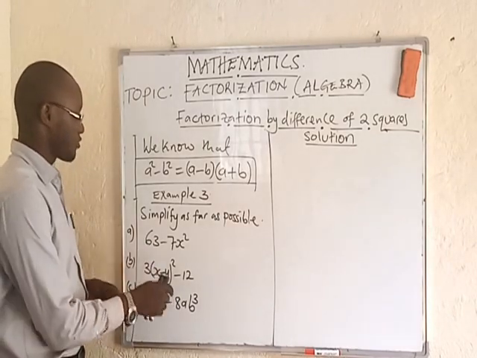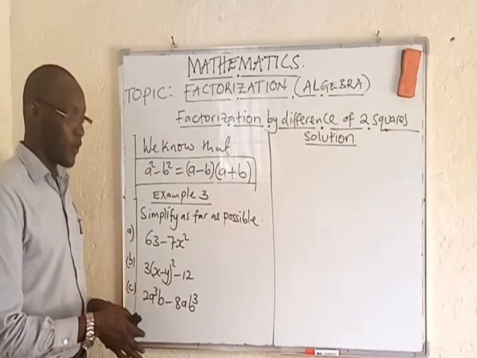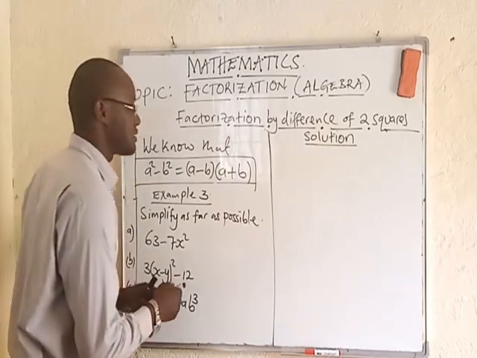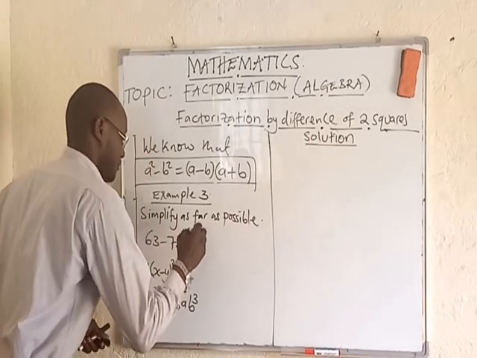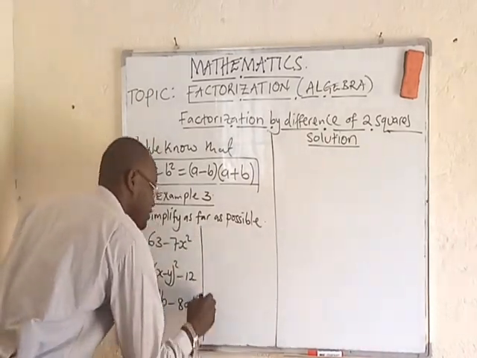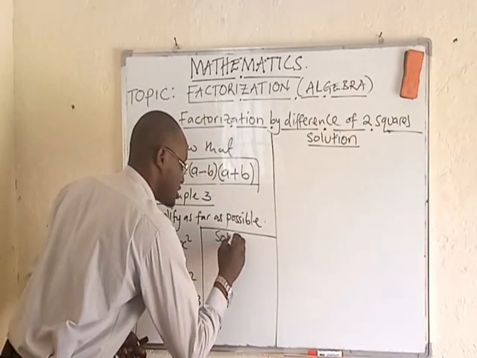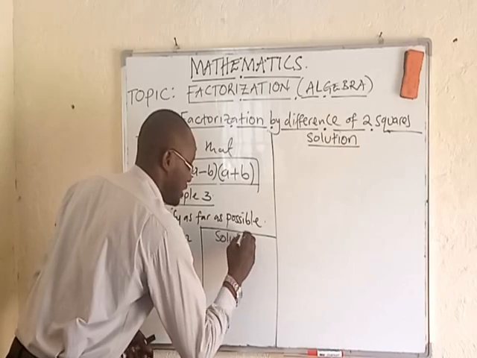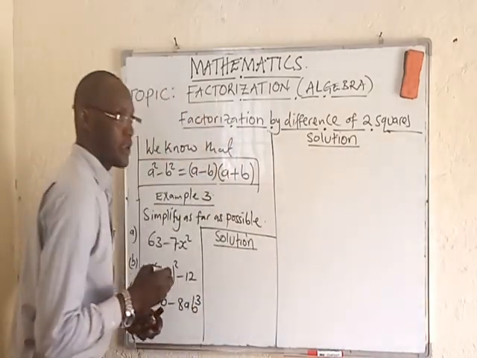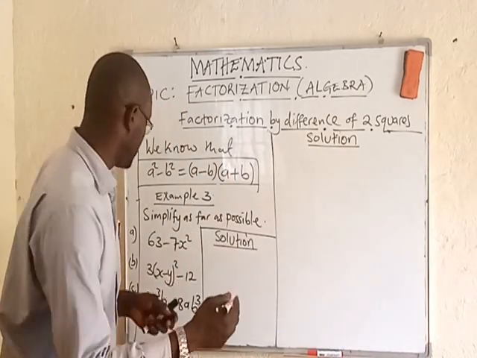We have 63 minus 7x squared. Let us start with that. I'm putting it here. In the first solutions, let our solution be here. You need to be neat. Present your work neatly. Let equal signs flow in one order to attract the attention of the examiner.